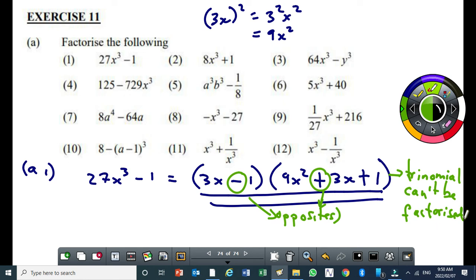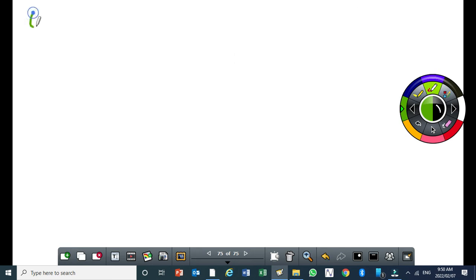Alright? So that's one. Let me do one with a sum, like number 6. I hope you're following that. So number 6 is 5x cubed plus 40. Now sometimes you may have to factorize by a common factor first.